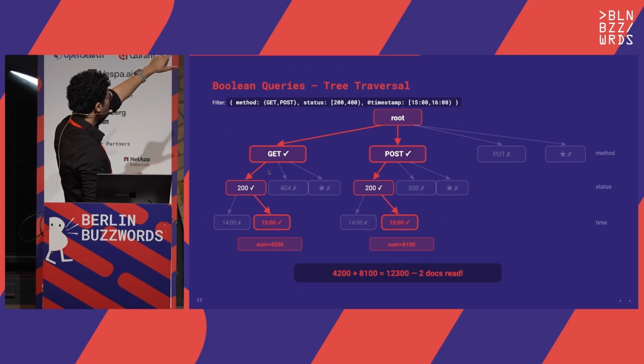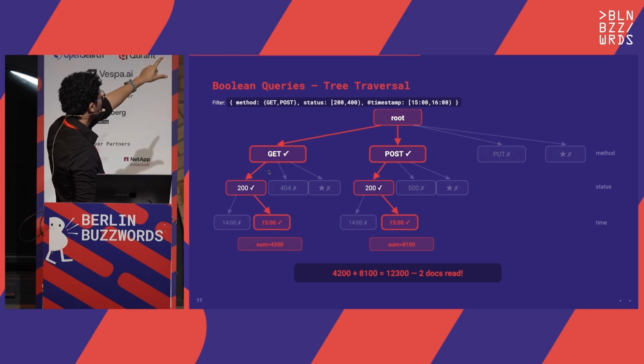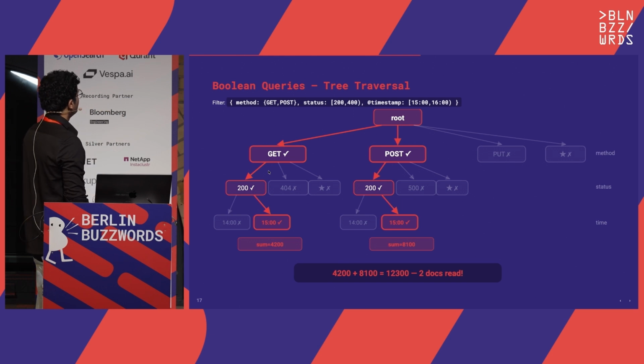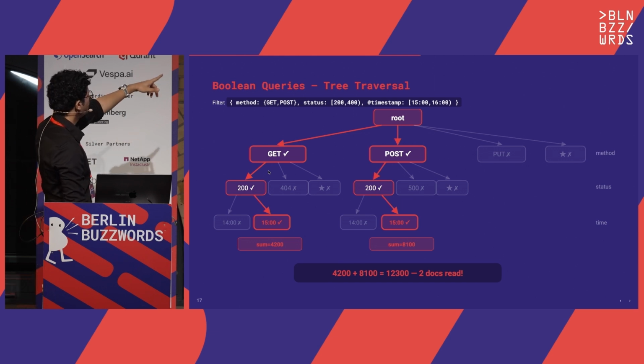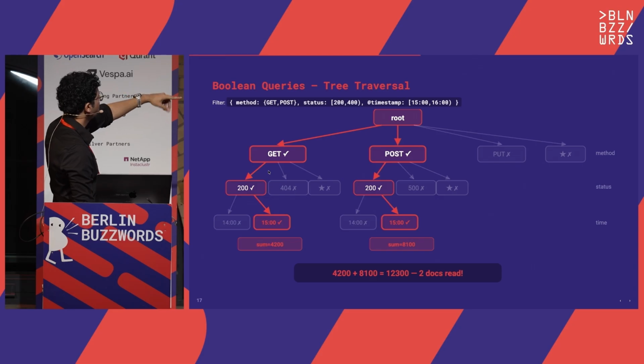So the only two valid paths right now are root get and root post. Now under root get, we will again apply our filter. Under root get, we can only have status between 200 to 400, 200 inclusive, 400 exclusive. So 200 yes, 404 no, it will be pruned, and star will again get pruned. Similarly for post, 200 yes, 500 will get pruned, and star will also get pruned.